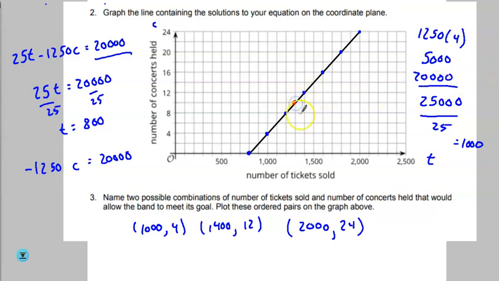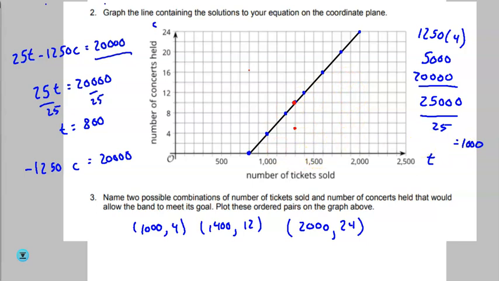So we're talking about right there, compared to 1,300 tickets and 5 concerts, which would be about here. So just looking at this line, we knew this is exactly $20,000. Well, less concerts, you're going to raise more money. So the more money came below the line.